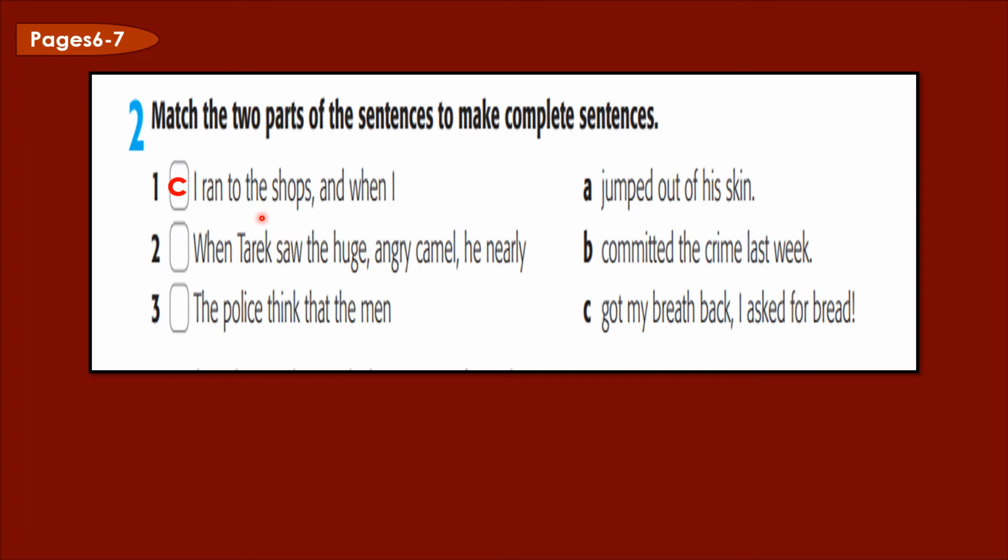When Tariq saw the huge angry camel he nearly jumped out of his skin, meaning he was terrified. Number 3, the police think that the men, number B, committed the crime last week.